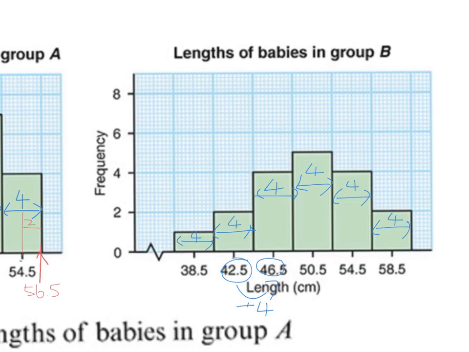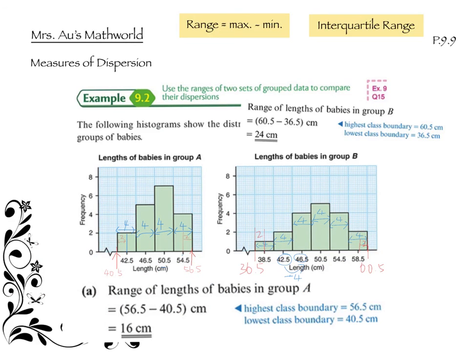The interval is 4, and then half of it we get 2, and the highest bar boundary and the lowest one are 60.5 and 36.5 respectively. As a result, the range of the length of babies in group B is 24 cm.